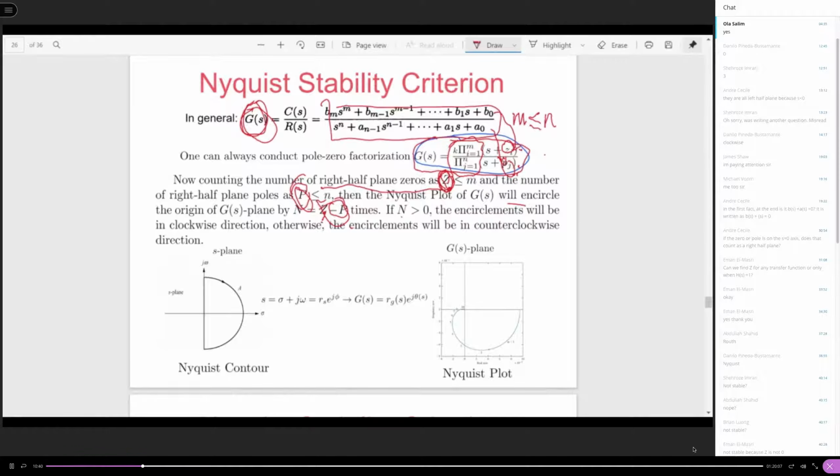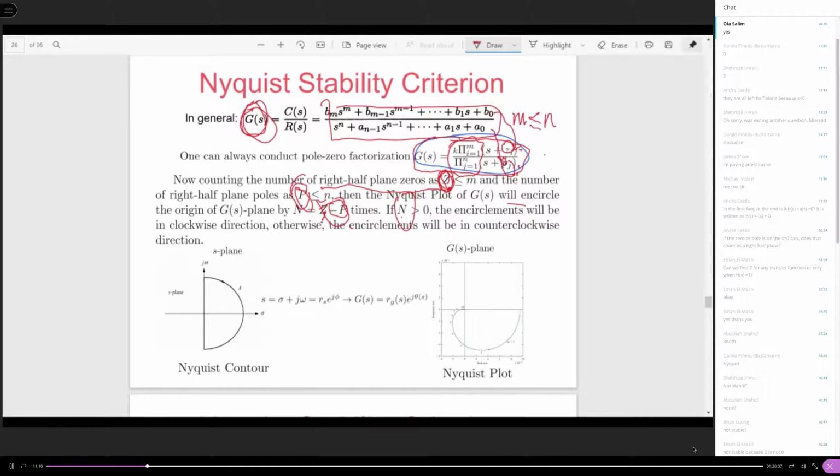This indicates that the Nyquist plot of G(s) is going to have N encirclements around the origin, but this time counterclockwise. So the number N and its sign tell us a very clear conclusion about the net encirclement around the origin of the G(s) plane.